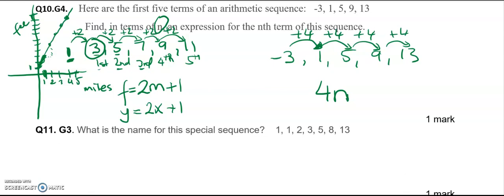Now we need to find what is that fixed fee or that initial value or the y-intercept. And how did we do it in the previous example? Is by going back a step. So what is that number which I can add 4 to, and it's going to give me -3.